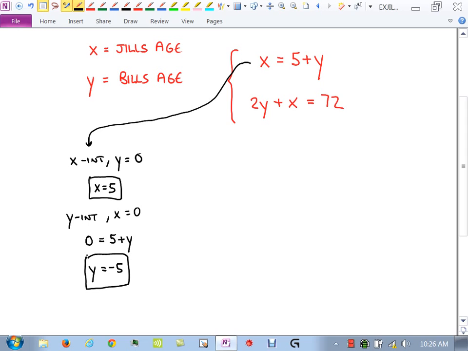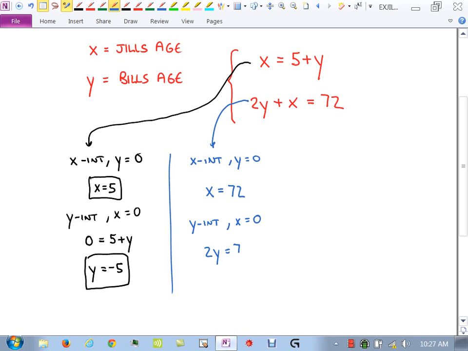Let's do the second line now. X-intercept, set y to 0, and you get x is what? 72. Find the y-intercept, set x to 0, and you get 2y equals 72.